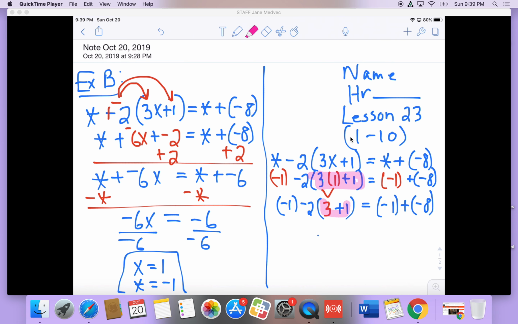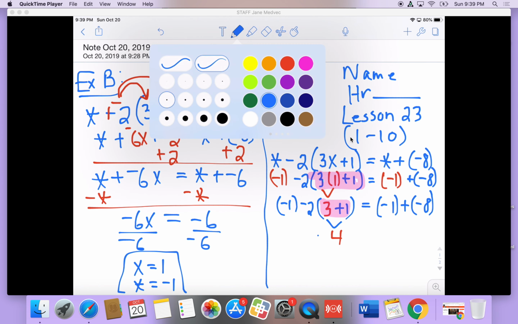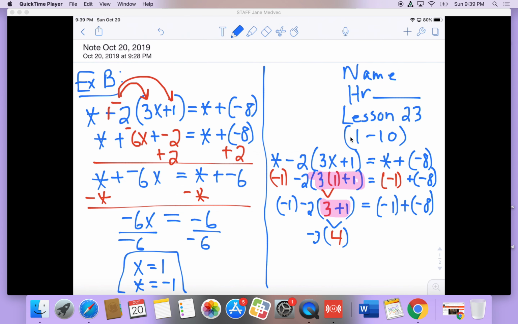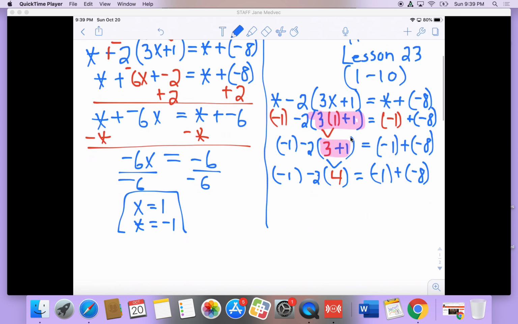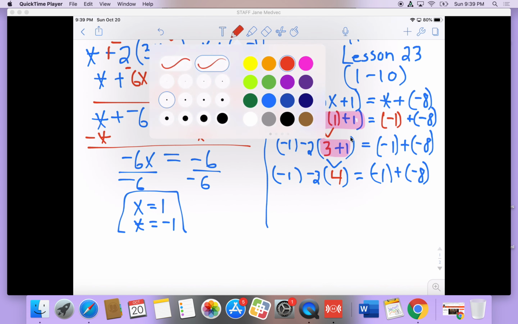So again, I'm working inside the parentheses because there's stuff going on there. And I end up with 4. And I'm going to leave that -1 and the -8 again. Okay, and now I'm going to multiply. So -2 times 4 is -8.